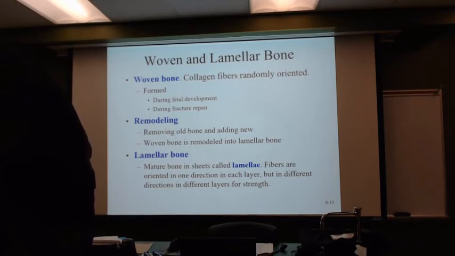So we have all these circles, concentric circles, okay? One of the things I tried to point out on Monday, if you look at this one right here, they're trying to represent the collagen, and the collagen is in one direction on one lamella, the other direction on the other lamella next to it, because we've given it strength.